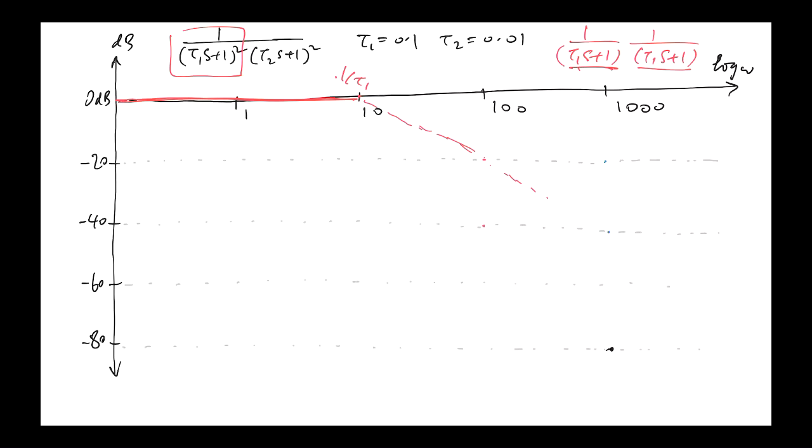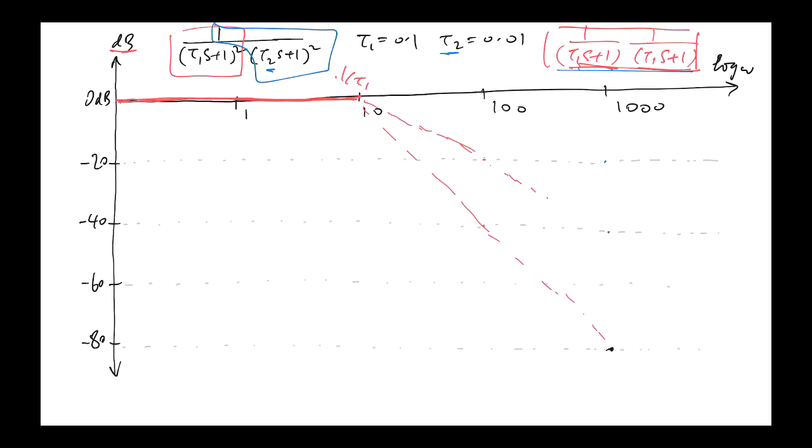So when we add those 2 components together, which is what we do when working on a logged scale, these together will both be 0 up to that frequency, and then it will kick down at 40 dB per decade. Now, if we look at this part here, it's very much the same as this, except the time constant has changed.